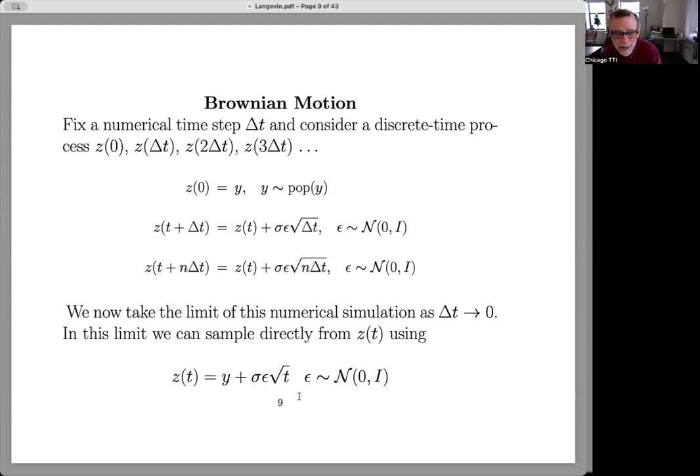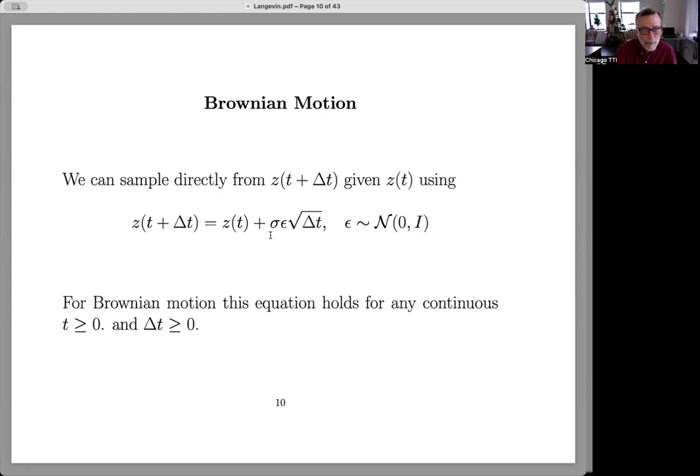It turns out that this equation holds for any continuous t and delta t. In the limit, as delta t goes to 0, we get a well-defined probability distribution over where that particle of pollen is over time.